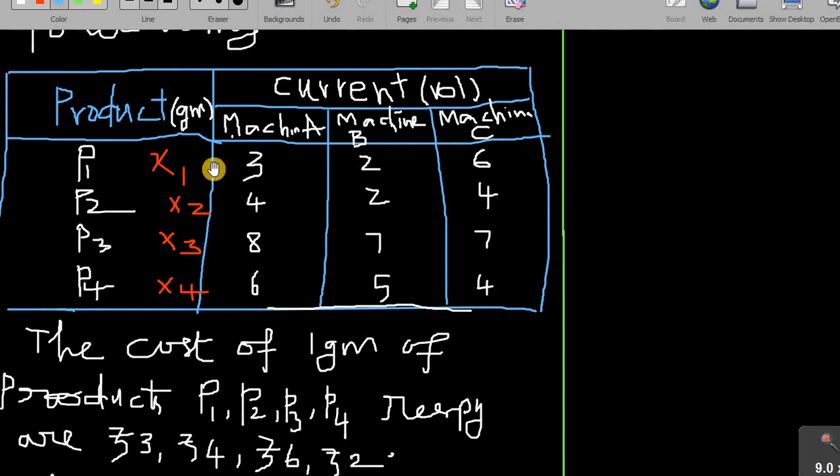I mean 3 into x1 plus 4 into x2 plus 8 into x3 plus 6 into x4. If you add all of them, that will give you the total current consumption by machine A. That should not go more than 800 volts.